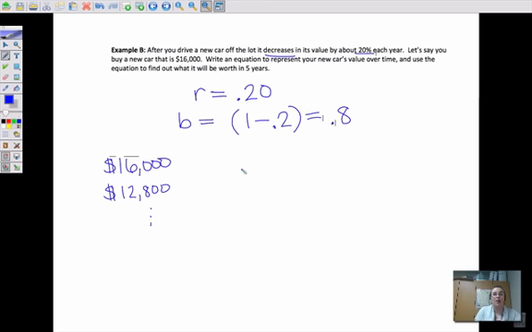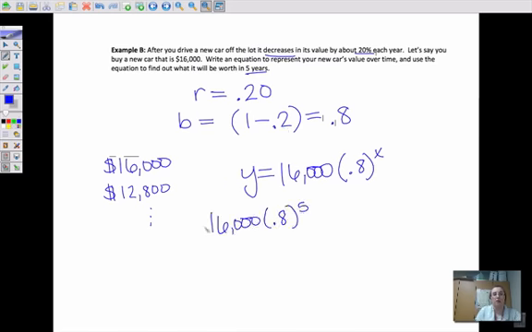Writing my equation, I'm going to use y equals 16,000, that's my starting value, times 0.8 to the x power. I'm looking for 5 years, so I'm going to do 16,000 times 0.8 to the 5th power.